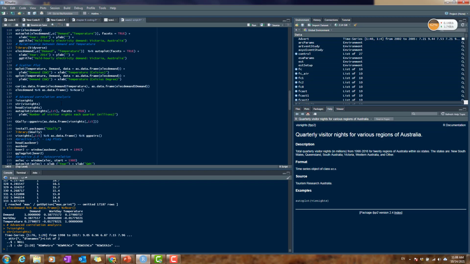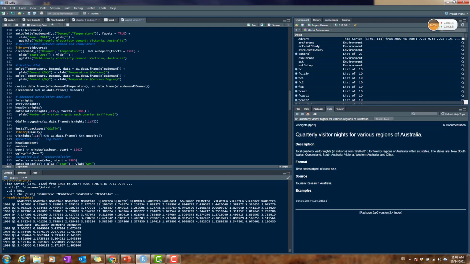Let's check the heading, and this is how the data looks. I only care about New South Wales, Metro New South Wales, and other kinds of information. So I just need the data of New South Wales, the first, second, third, fourth, and fifth columns of this data. That's the quarterly data.